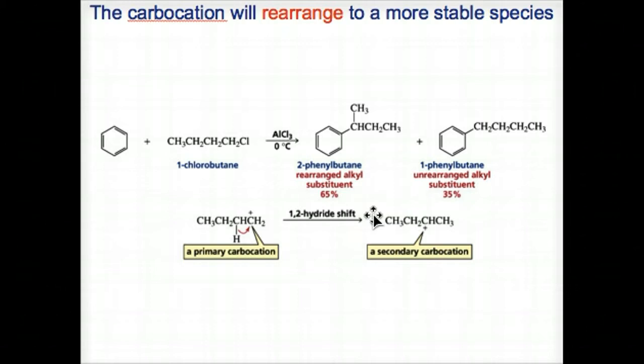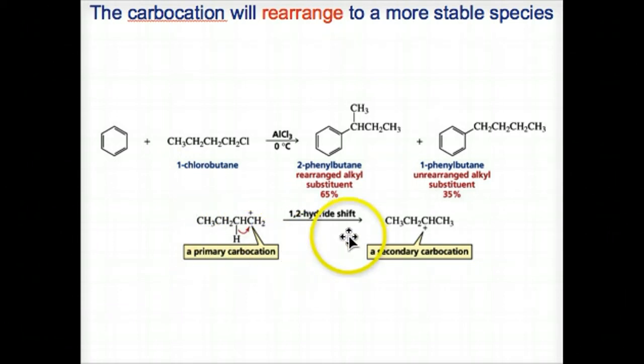There is increased stability seen in the rearranged product. Of course, that's why it's 65% as opposed to 35%. And the carbocation will rearrange to a more stable species as illustrated down here. When the 1-chlorobutane loses its chlorine, it becomes a primary carbocation.